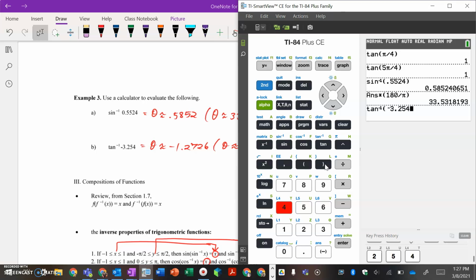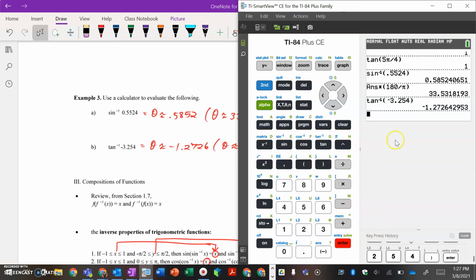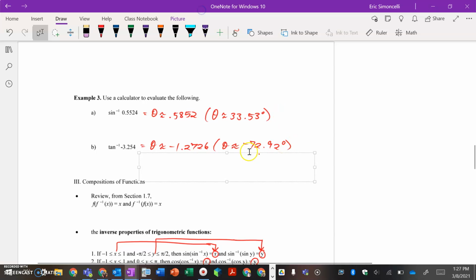The output is restricted. If we do the inverse tangent of negative 3.254, the answer is restricted between negative pi over 2 and positive pi over 2. As far as converting, let's show that as well. This particular angle in degrees is negative 72.9 degrees.